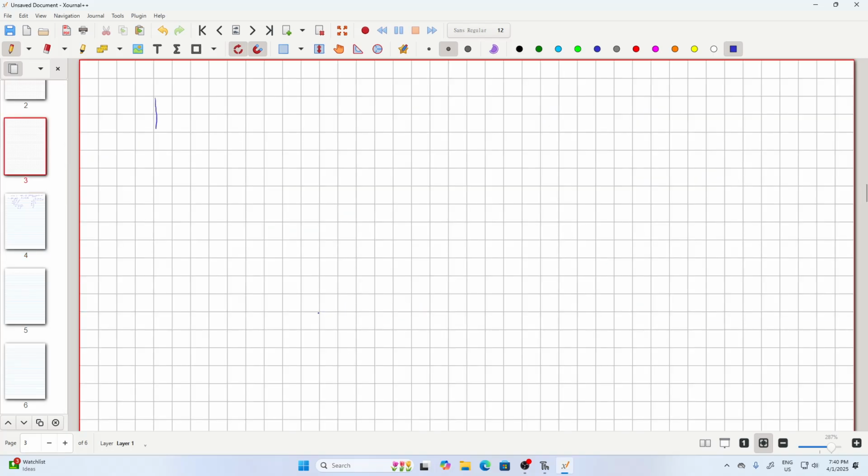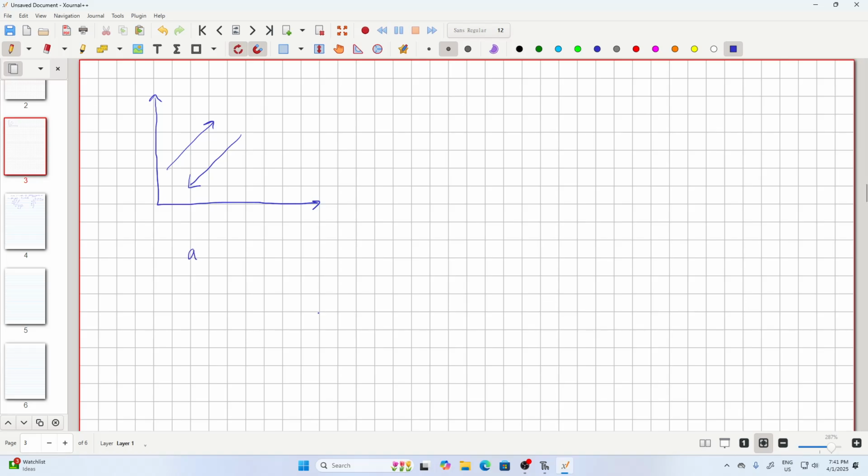So let's say you have another example. You have this vector like this, and the other vector is like this. Now you can see that the magnitude or the length of this one is the same, and the other's length is also the same. So the magnitude is the same and the direction is opposite.